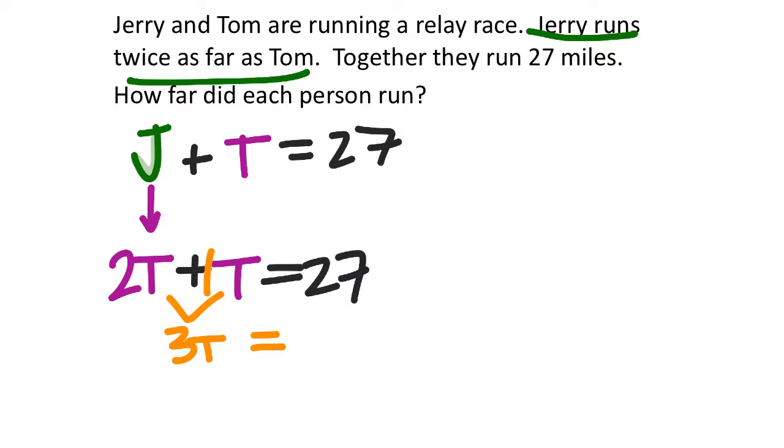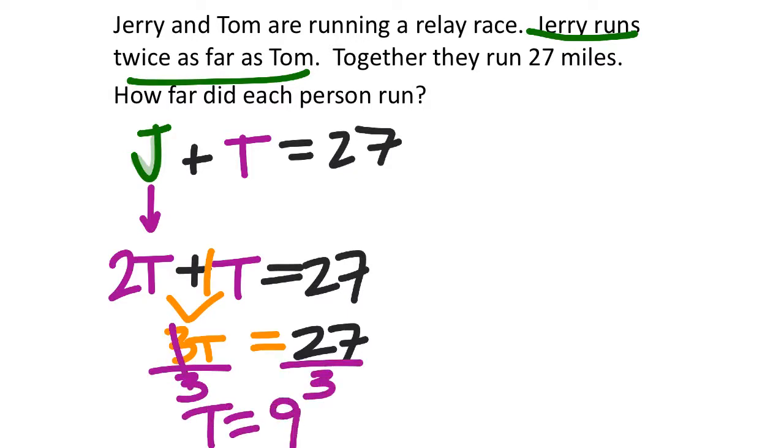So 3 of Tom's distances is 27 miles. But for just regular Tom's miles, we're going to take that and divide it by 3 to make it 1 Tom. Tom's mileage is 9. So for the 27 miles, Tom is 9 miles.